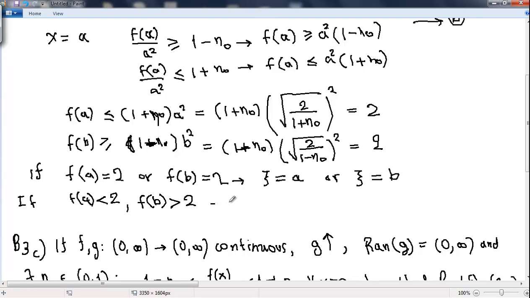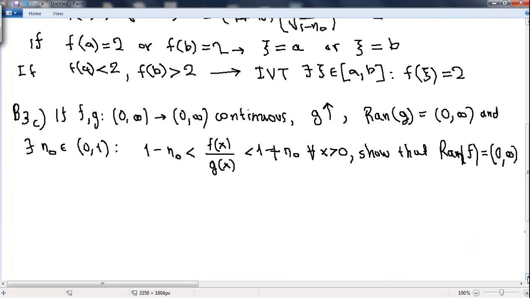Then it's obvious from the intermediate value theorem that there is xi that belongs to AB such that f of xi equals 2. And this completes the question.